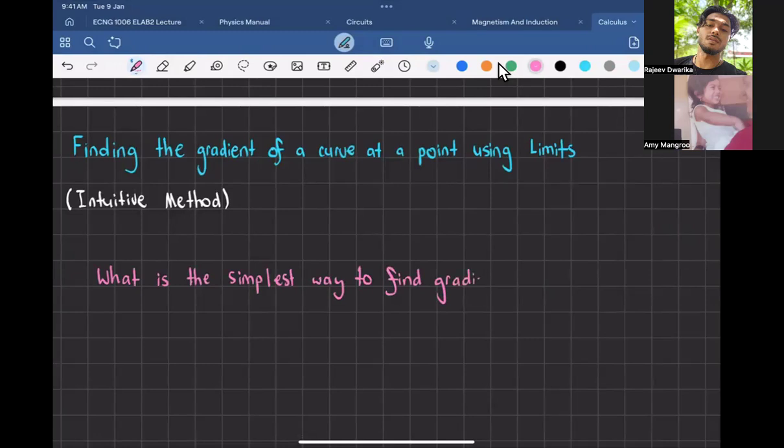Now that formula you gave me, is it for a straight line or a curve? A straight line. So gradient m is equal to y2 minus y1 over x2 minus x1.